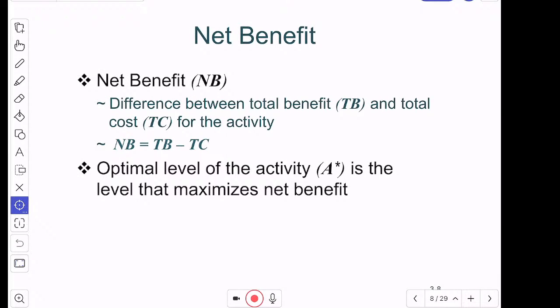So our objective function for optimization that we focus on is the net benefit. So that's after you consider costs, right? So we did this. We worked on a problem like this. And we want to find A star, the level of activity that maximizes the net benefit.